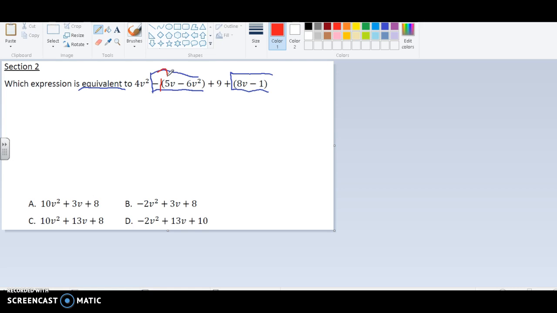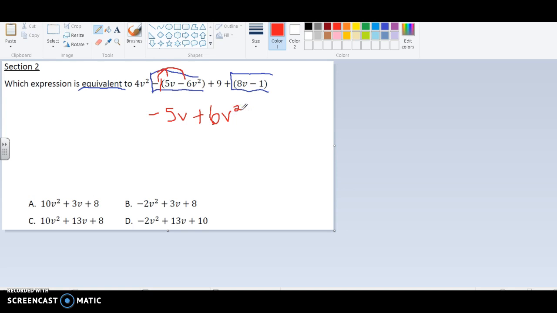So that's going to turn into negative 5b. And then you also need to distribute the negative 1 to the negative 6. Because there's a minus sign in front of the 6, you're going to treat that as a negative 6. So a negative 1 times a negative 6 is a positive 6b squared.